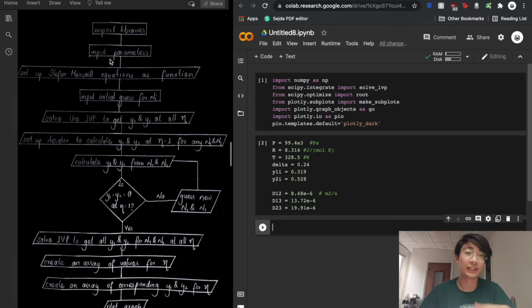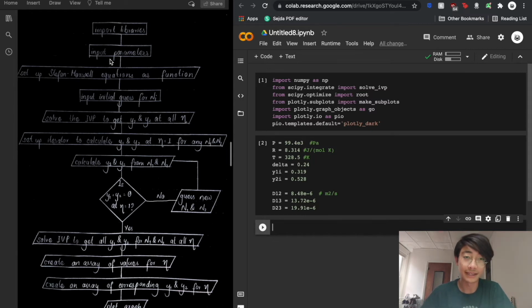And after that, we're going to calculate some things that are fairly straightforward to calculate. And after that, we're going to set up our Stefan-Maxwell differential equations. It's not exactly straightforward to do in Python, so we're going to have to create a function of the two differential equations so Python can actually do calculations on it.